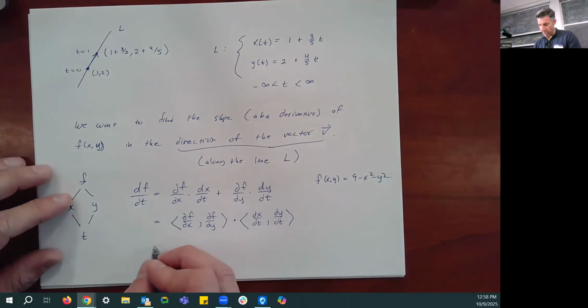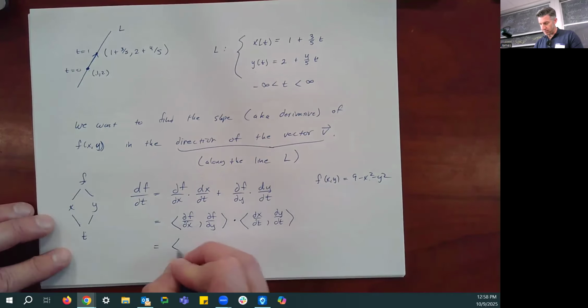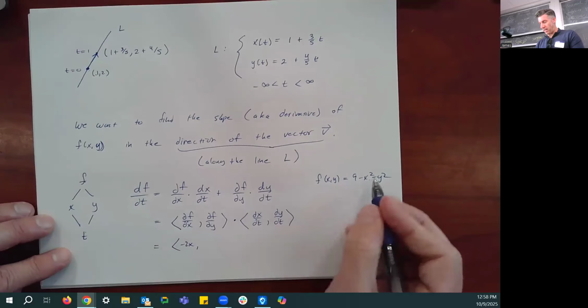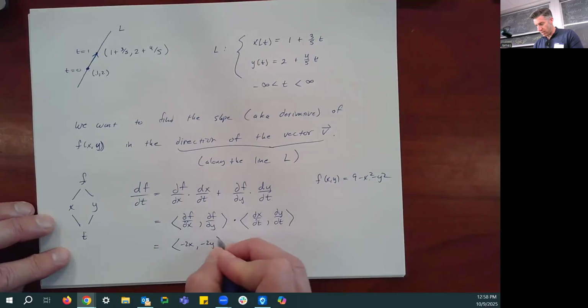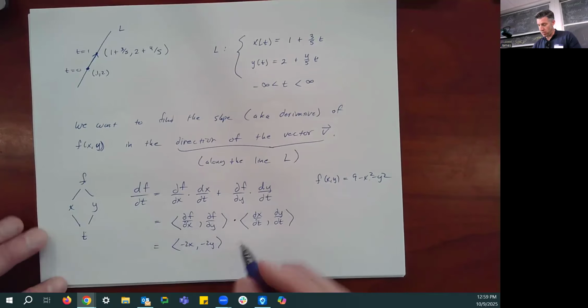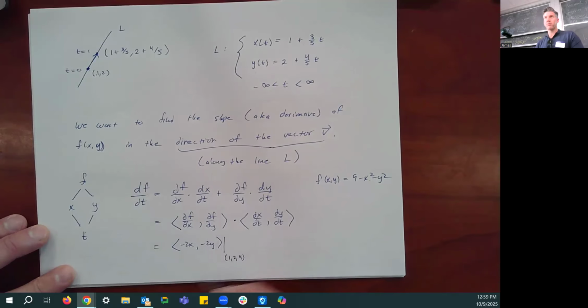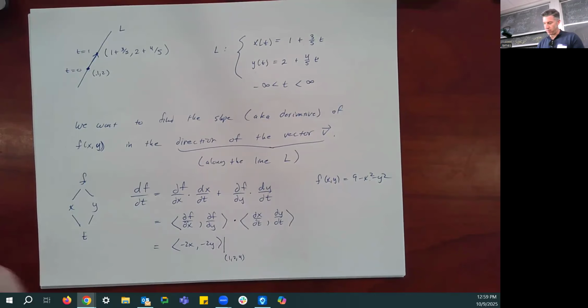Let's actually calculate it now. Del f del x is negative 2x. Del f del y is negative 2y. We do have to plug in the point to calculate this part of our calculation here. So we're going to plug in the point 1 comma 2 comma 4. We don't really need the 4 there, I guess, but whatever.